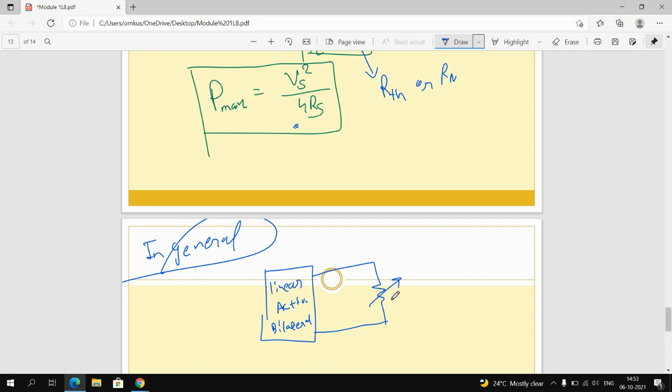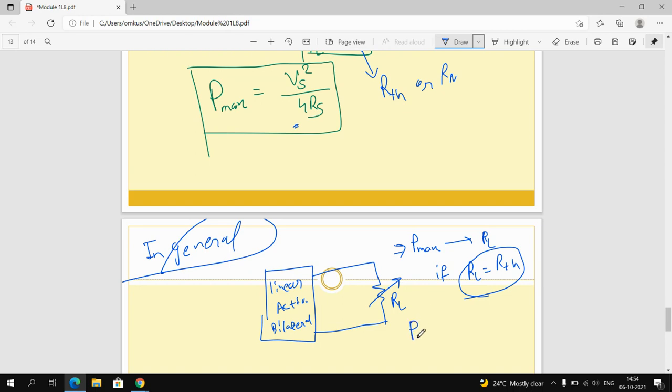See, this symbol is a variable load resistance, right? Now Pmax occurs at that load if RL equals Rth. If this condition is satisfied, then only Pmax is transferred to that load.